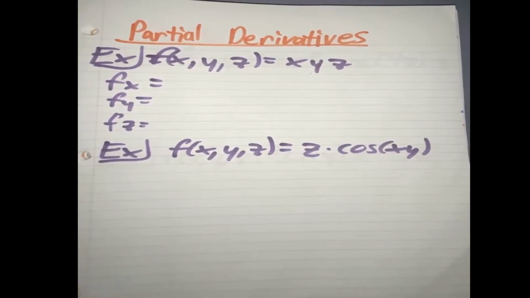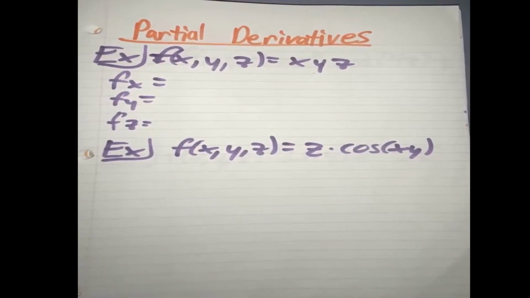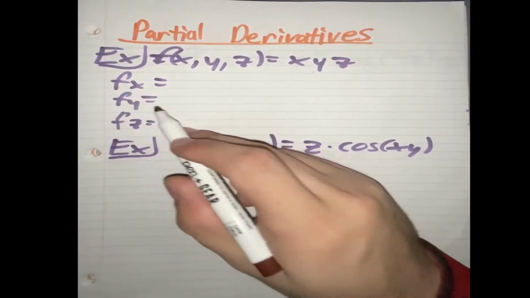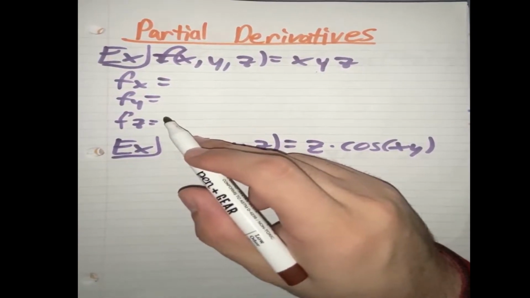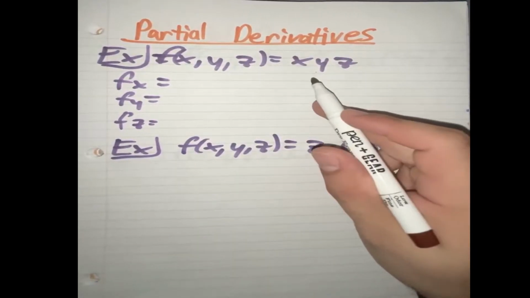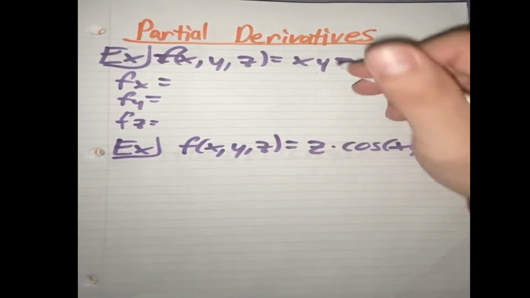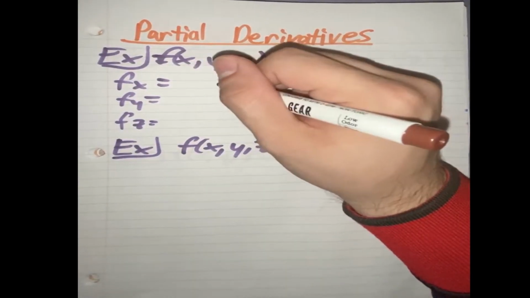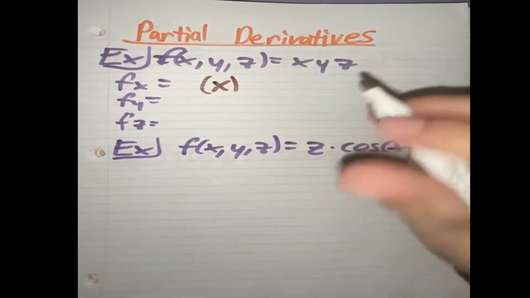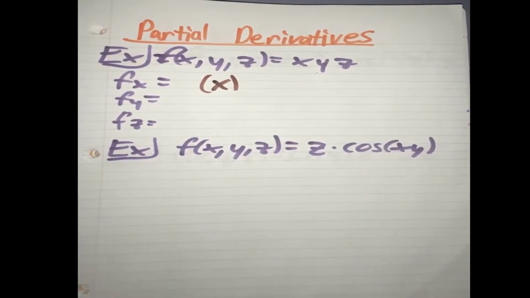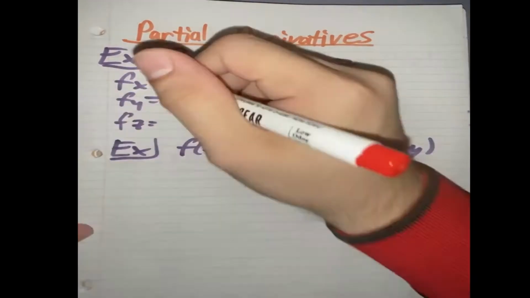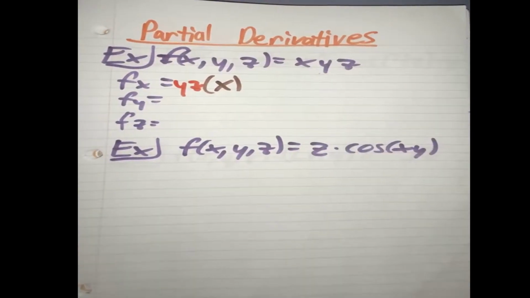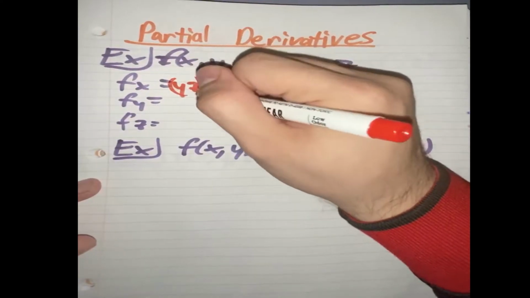Let's say we want to take the partial x, which is denoted as f with a subscript of x. When we take the partial derivative with respect to x, I'm going to treat x as my function, and I'm going to treat y and z as constants. So we treat them as a constant of 1.